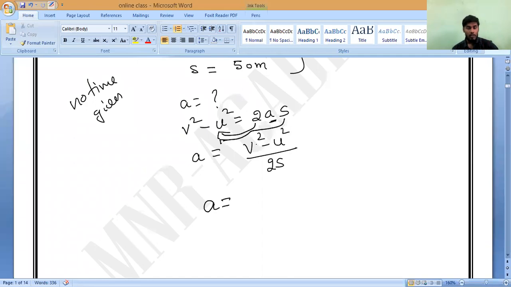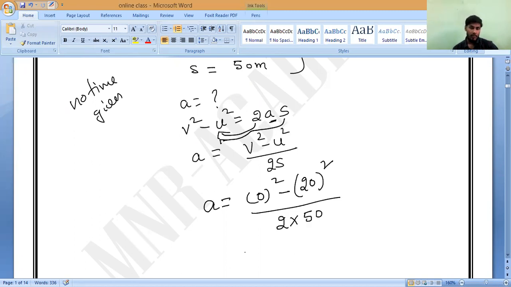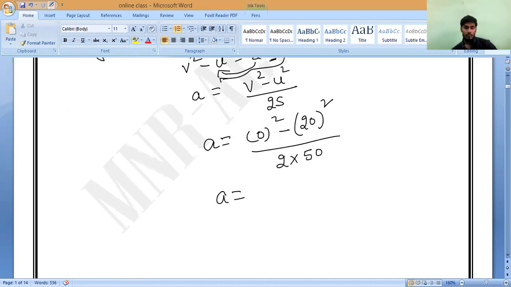Now you substitute. A is equal to V square, which is 0 whole square, minus U square, which is 20 whole square, divided by 2 into S, which is 50. Yes or no? All of you? You have to speak.